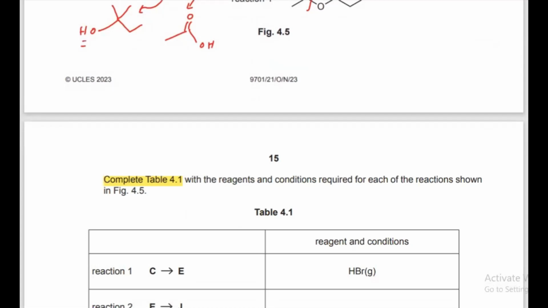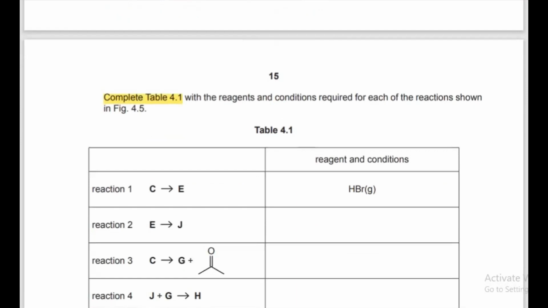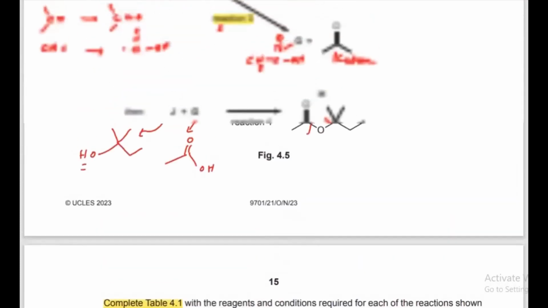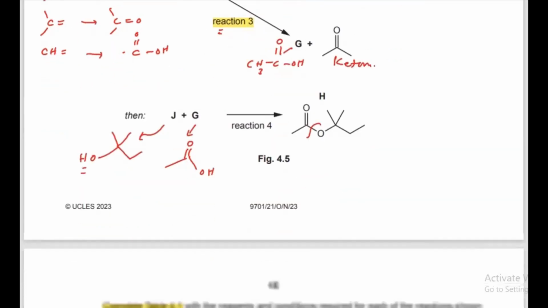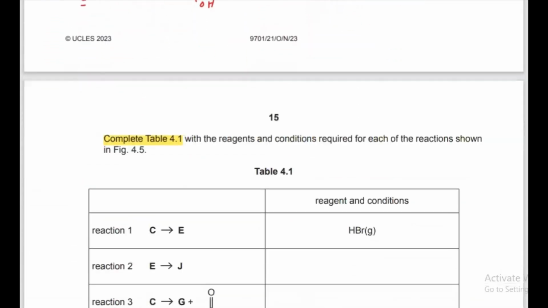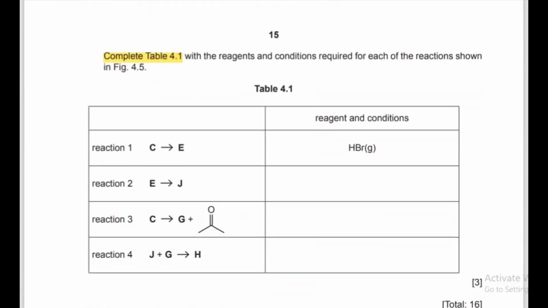Reaction 1, C to E, HBr gas. Now reaction 2 is E to J. Here, if we have Br and J is an alcohol, halogenoalkanes show nucleophilic substitution, so we will use an aqueous solution of sodium hydroxide.